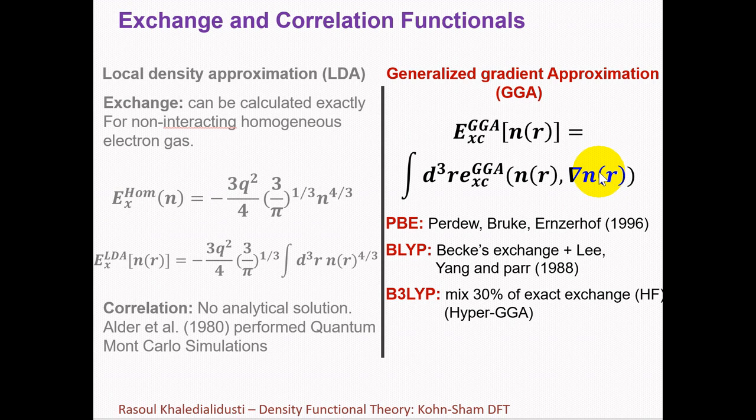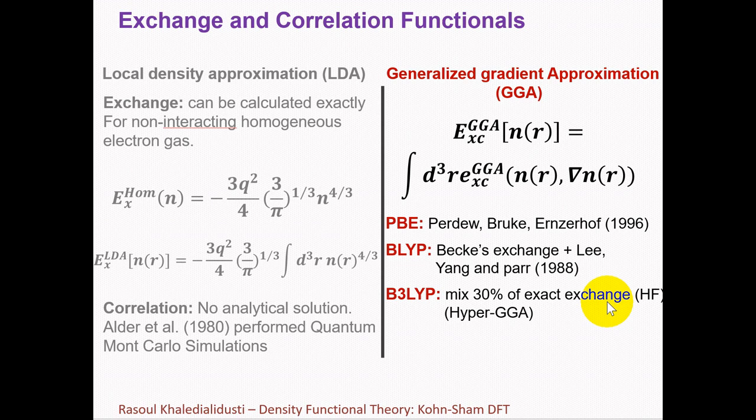There are different parameterizations, and the most popular one is called PBE from 1996, but there are others like BLYP and B3LYP. Hybrid functionals, like B3LYP, mix a little bit of GGA with, for example, 30% of exact exchange from Hartree-Fock, and as we already know, in Hartree-Fock we describe exchange exactly.